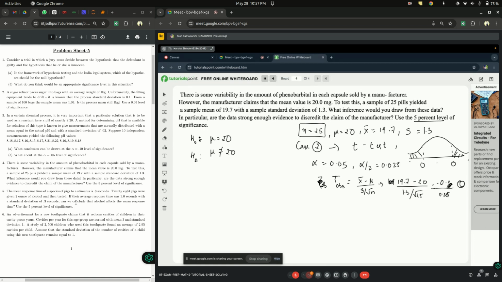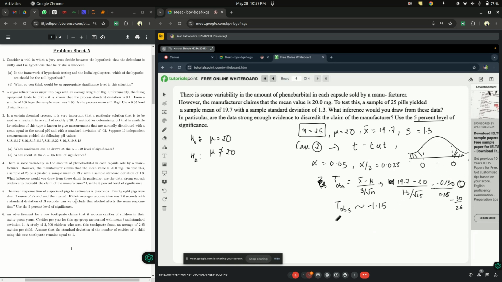So basically it will be 0.30 upon 0.26, which will yield 1.15. So my t observed came out to be approximately 1.15. You may get 1.16 or 1.1. It will be minus 1.15. Do not forget to use the magnitude. It is very important.